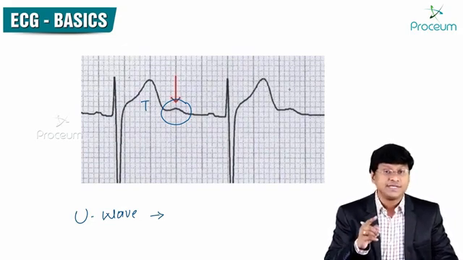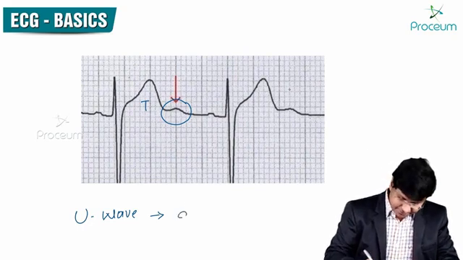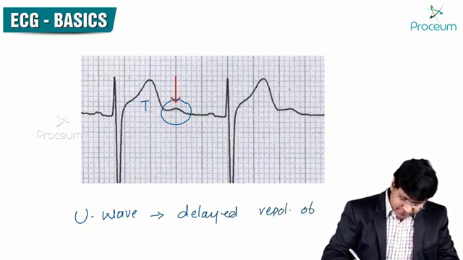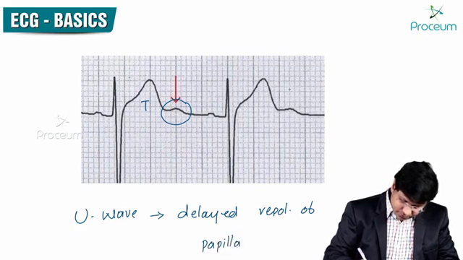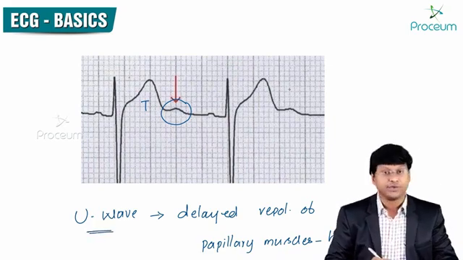And this is due to delayed repolarization of papillary muscles of the heart. Okay, so this is your U wave.